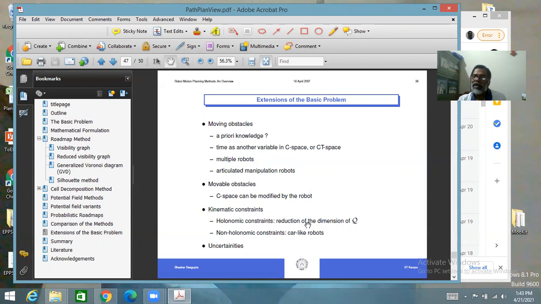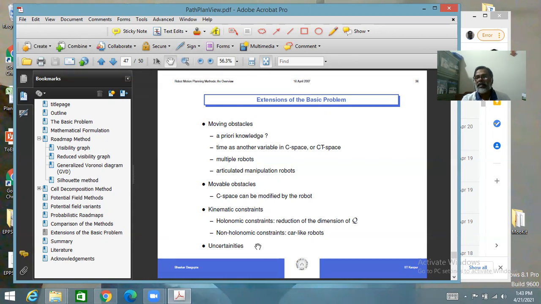Their kinematic equations appear as those constraints. So those are integrable constraints where the constraints in the theta dots can be integrated and you get a corresponding constraint in the thetas also. So those constraints also have to be handled. These handlings will require some additional work which is beyond the basic problem.